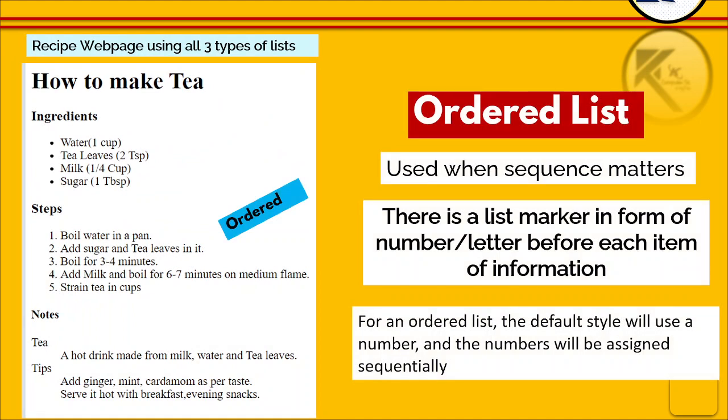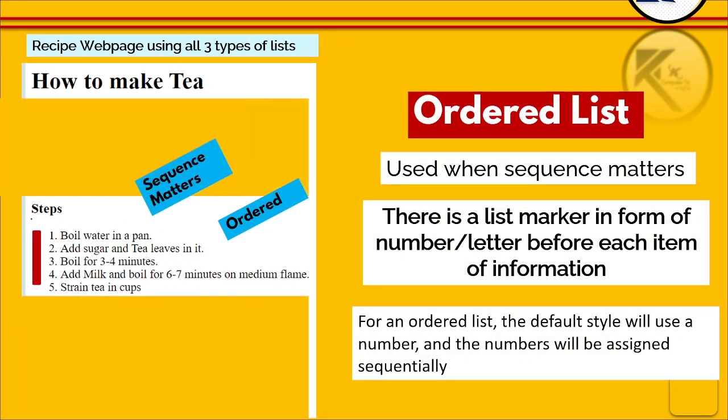So what about the ordered list? Now if you see here, this is the section where we have given the method or the steps. This is an ordered list, and what it says is that the sequence matters. Now here you know that I can't write these steps in any random sequence, and when this 1, 2, 3, 4, 5 is given, it becomes very meaningful to the user that I have to follow all these instructions step by step in a particular order.